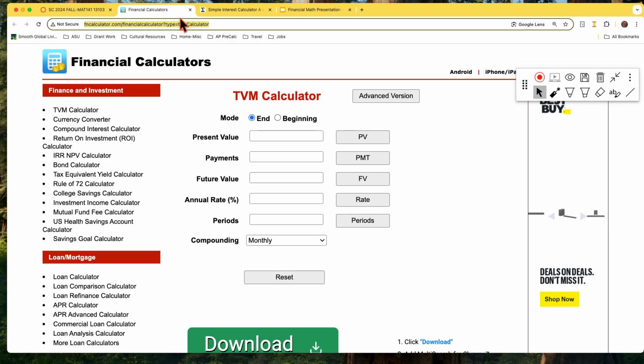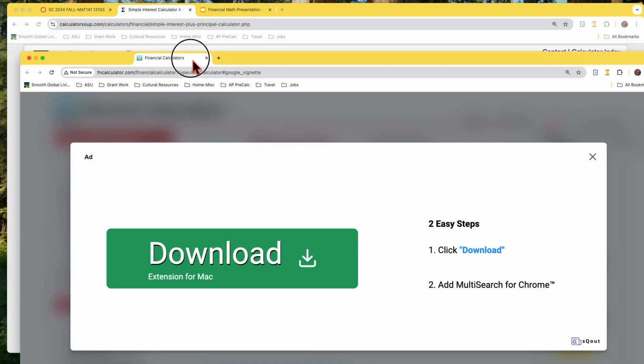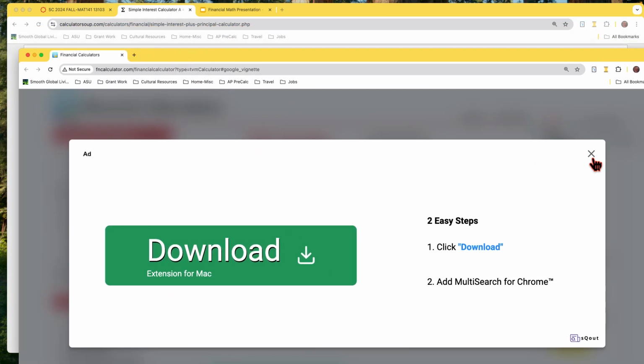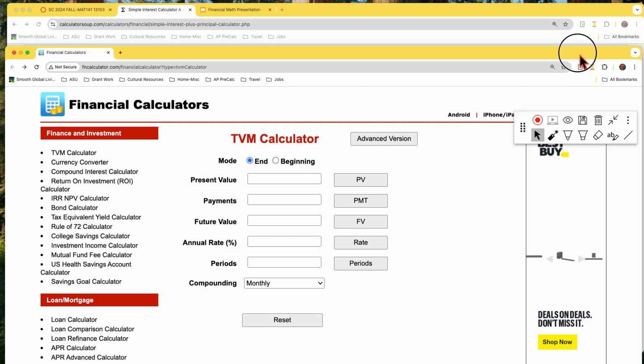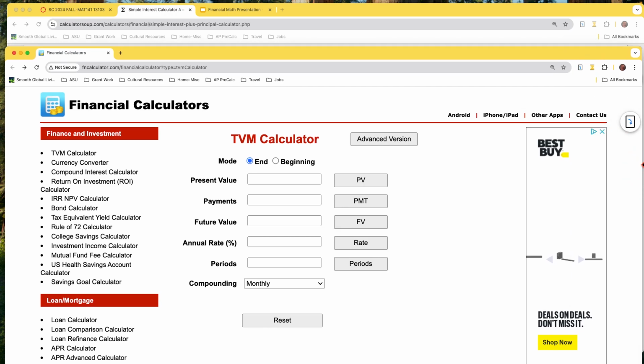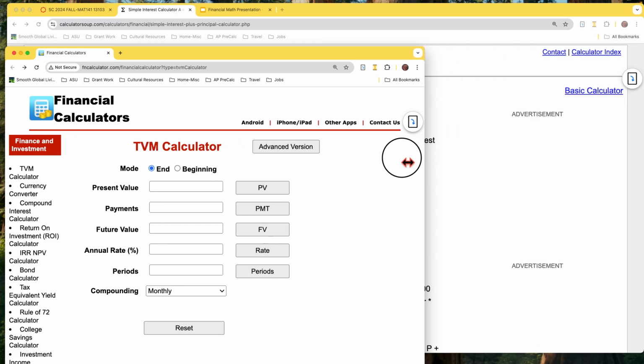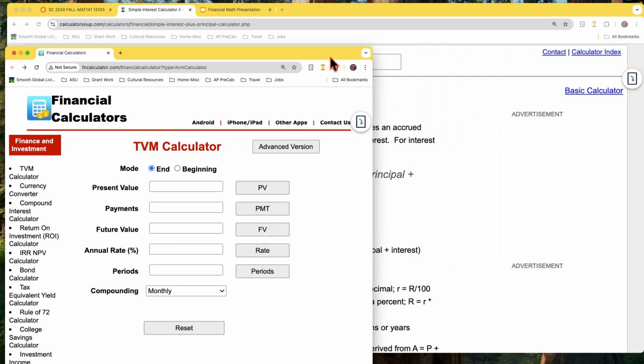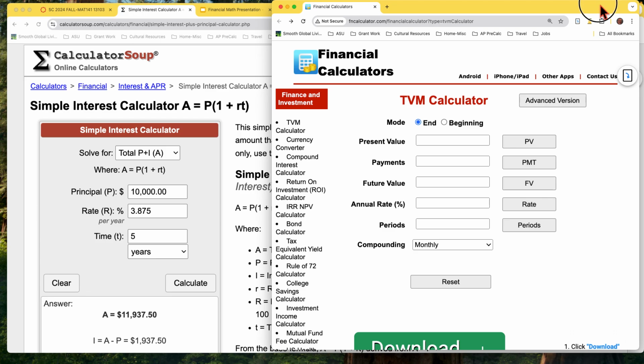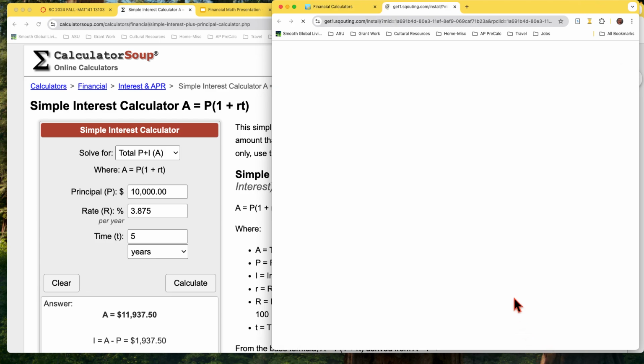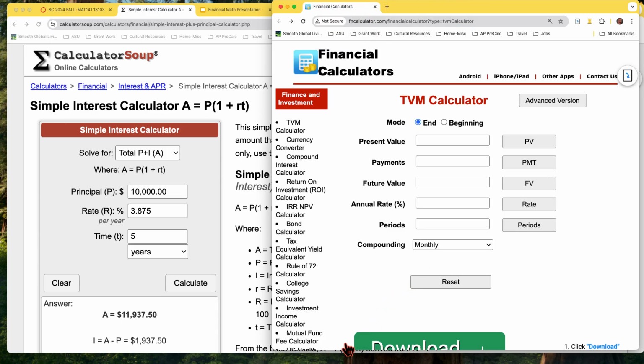One thing I like to do with these is I take them out of the tab, and then you can resize the window. So when we want to use it, it's just over here in the corner.